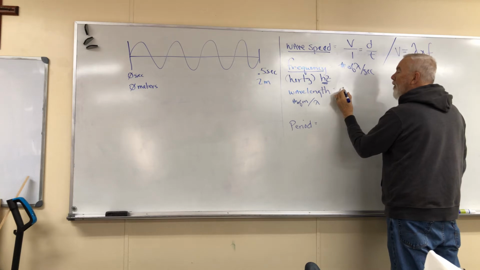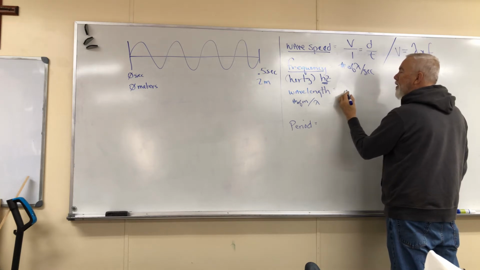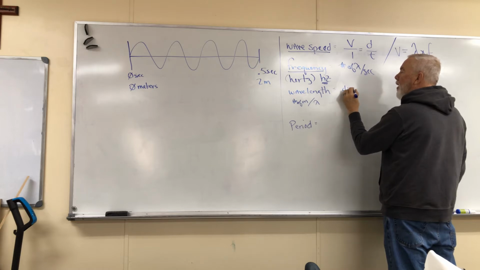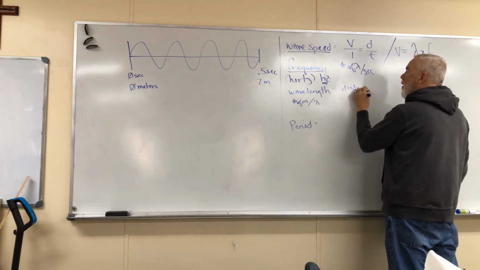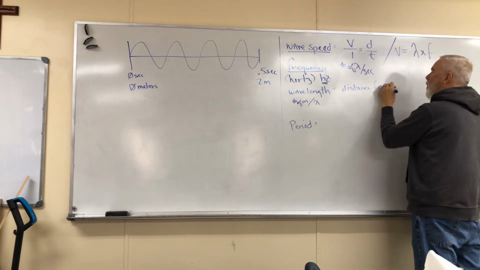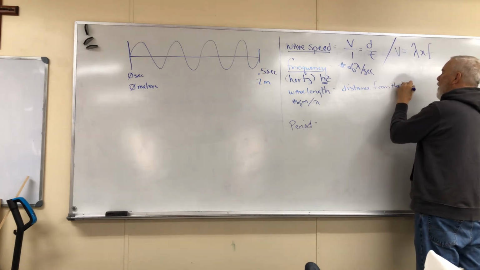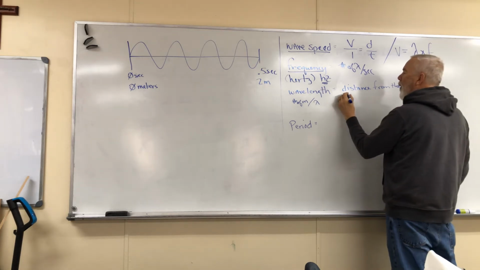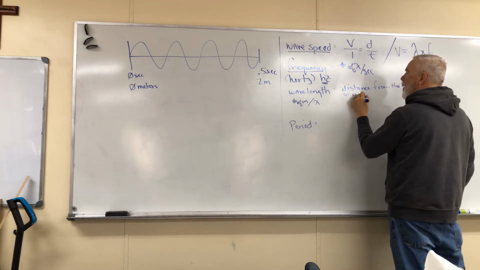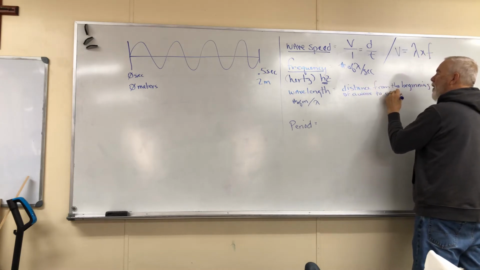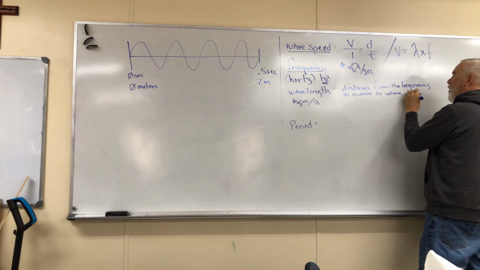We know that the definition for wavelength is the distance from the beginning of a wave to where it reoccurs.